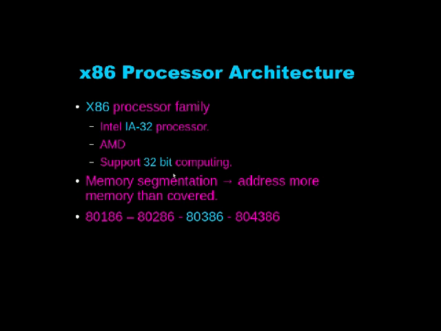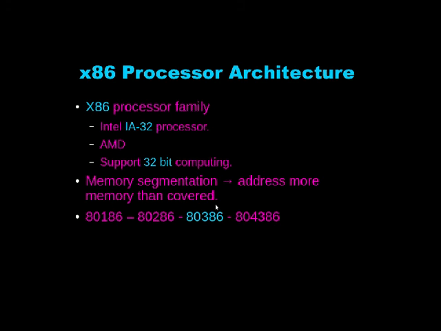It can handle 32-bit operands. The x86 processor family started in 1978, and I think the first processor was the 8086. On each generation, they add more stuff on it.